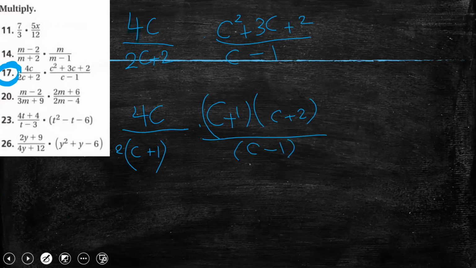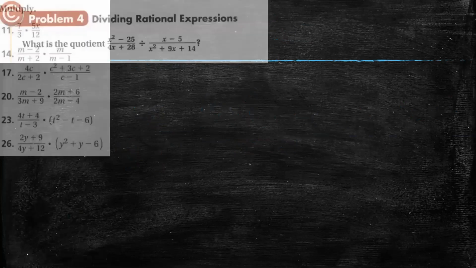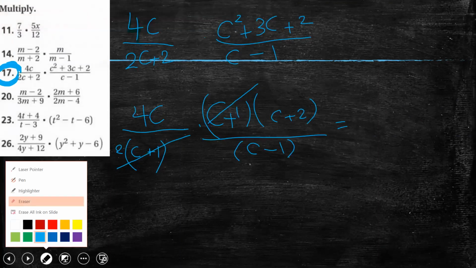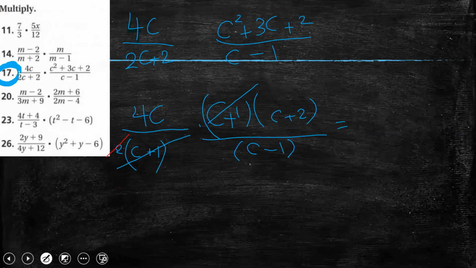Now let's see where I can simplify. I can cancel these two with each other. So I have now 4c times c plus 2. Also, 2 and 4, I can simplify them.